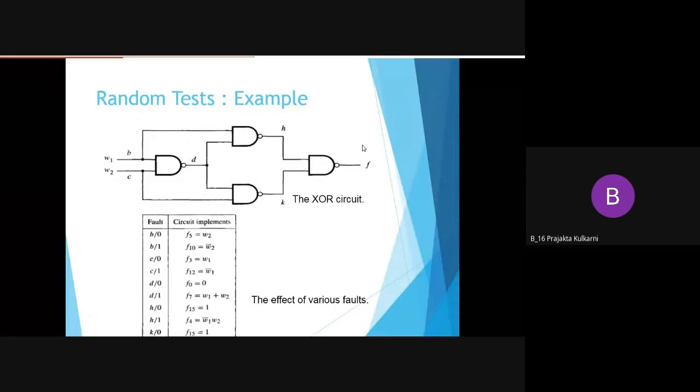See, the input is 0 0. It is an XOR gate, I have told you, implemented using NAND gates. This is 0, this is 0, so the output of this NAND gate will be 1. Now here it is 0, here it is 1. What is the output of this gate?